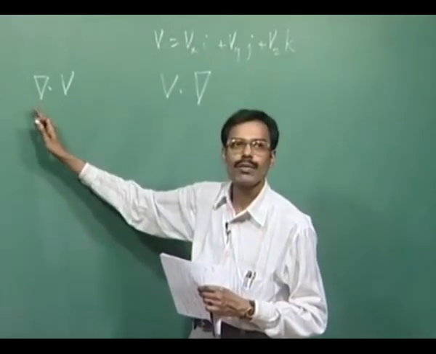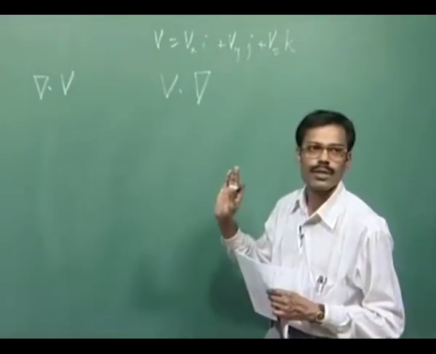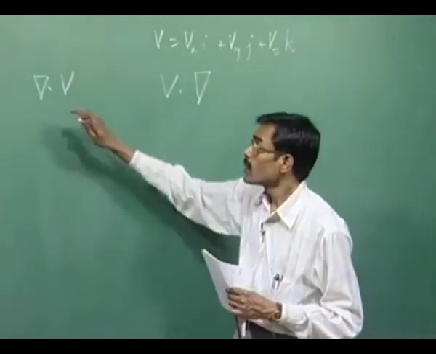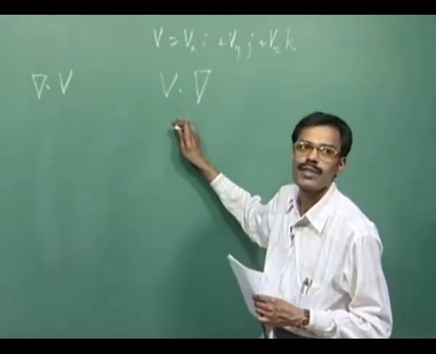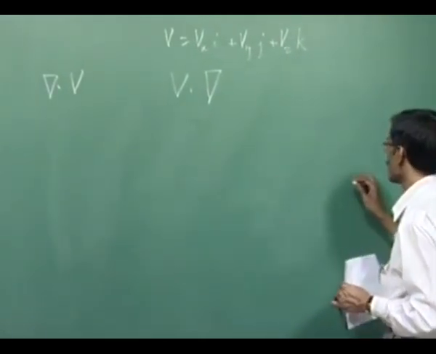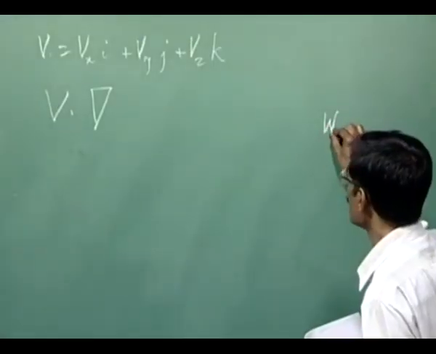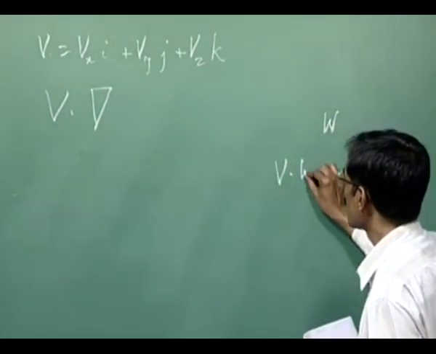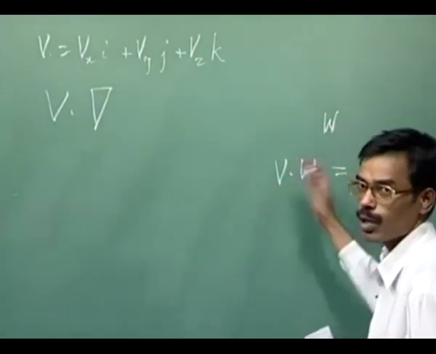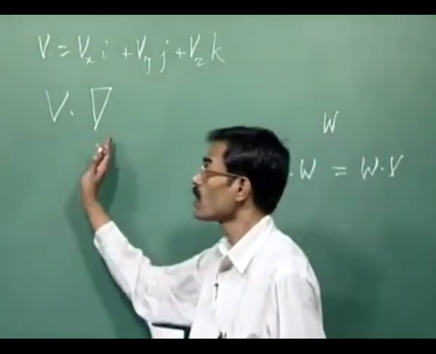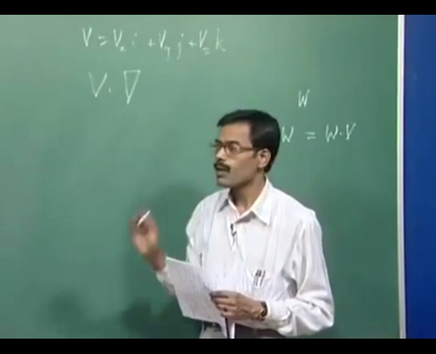So, you can think of dot product between them, you can think of this and you can think of this, but both of them are meaningful expressions, but they mean two completely different things. Normal vectors, for example, v a vector like that, w another vector like that, you know that v dot w and w dot v are same, that is dot product is commutative, but not when one of them turns out to be an operator, a differential operator like this del.